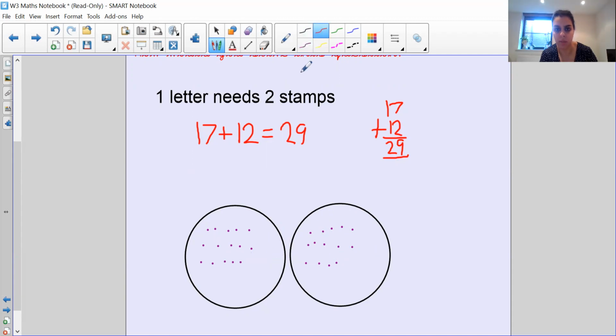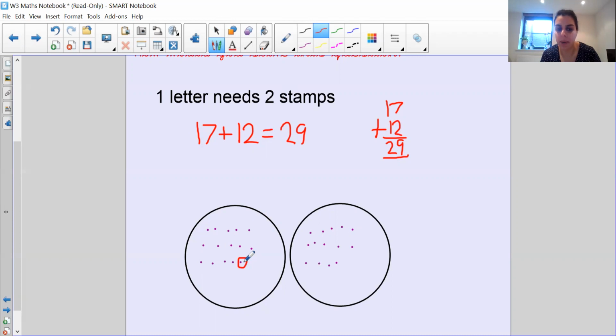So this one is an odd one out. That means that's one stamp left over, but each letter needs 2 stamps. So that one isn't going to be used.